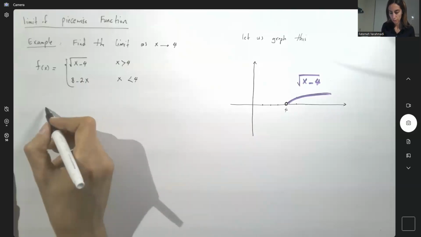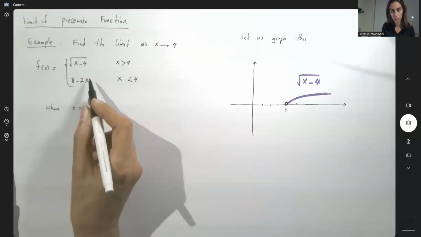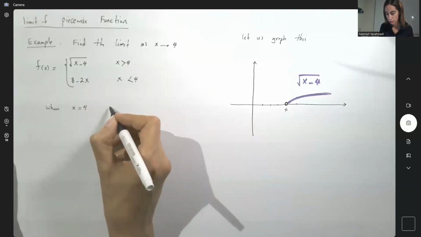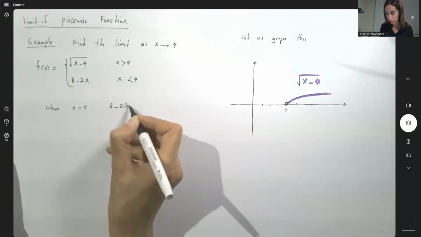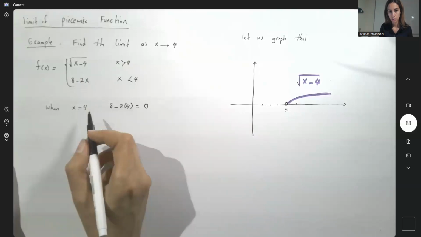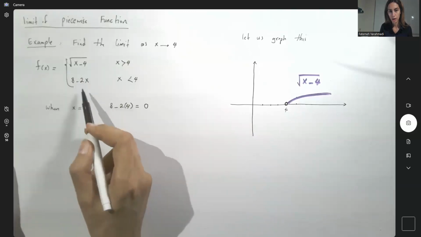The same as before, when x is equal to 4, I'm going to plug this in to see the y value. I get 8 minus 2 times 4, which is 8 minus 8, which is 0. So at x equals 4, this becomes 0.